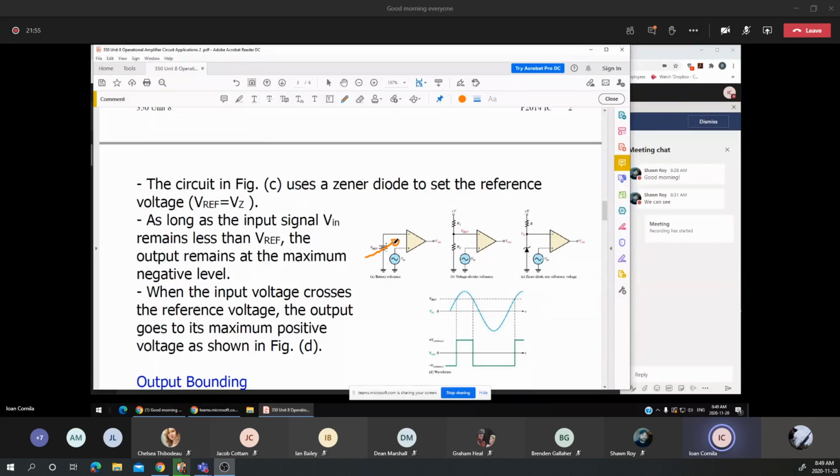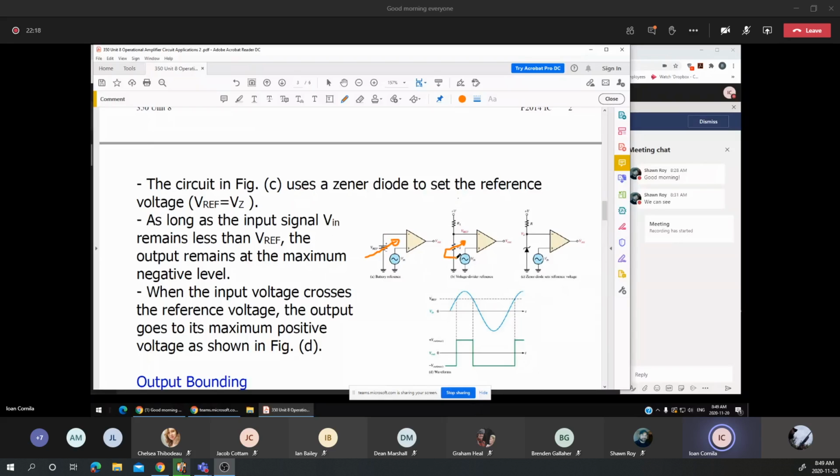If we have to constantly change the reference voltage, we may use a potentiometer or a trimmer, which is a variable resistor. And I will add in this diagram a variable resistor, which is a potentiometer or a trimmer.